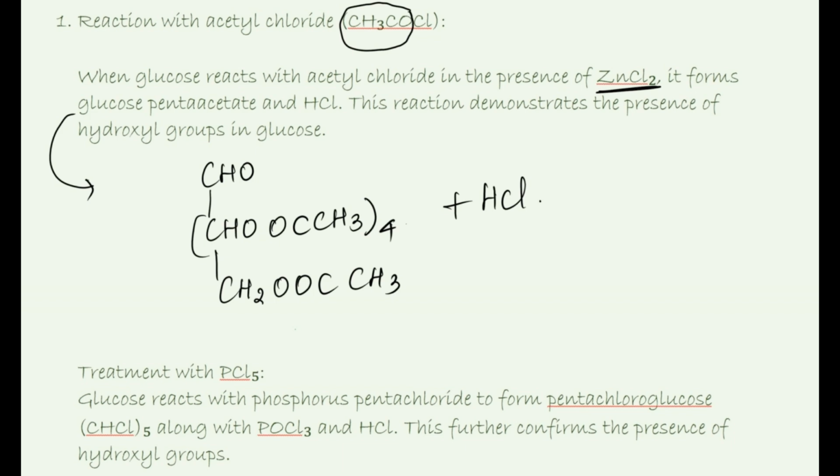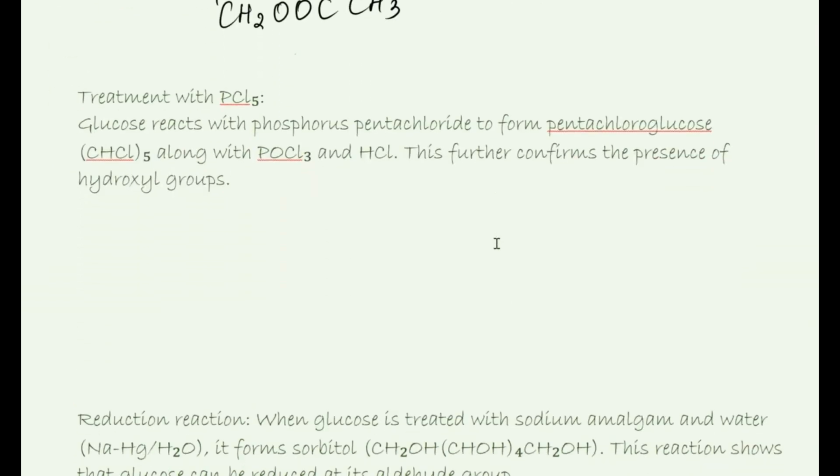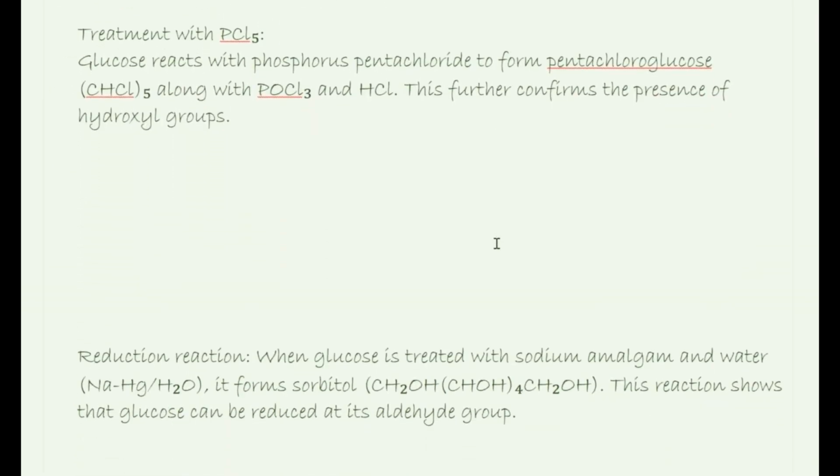Okay. Next reaction is treatment with PCl5. Reacting with PCl5, glucose gives pentachloroglucose. The structure goes like this: CHO with CHCl 5 times with CH2Cl.